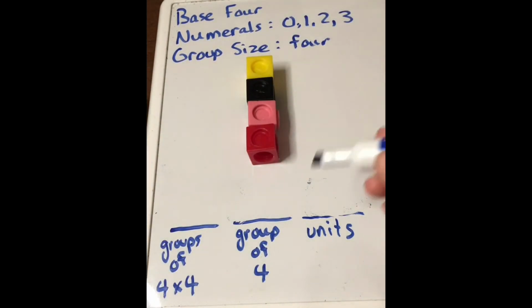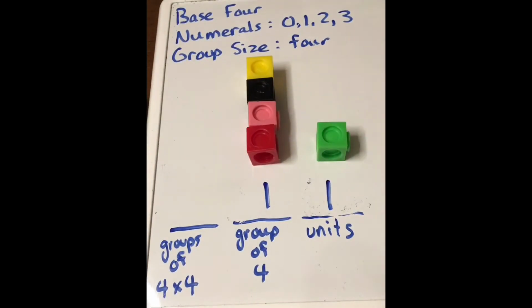The 1 now no longer means one group of 10, it means one group of 4, and we have no units. This was important because in base 4, after the number 3, we don't have a new symbol, so there was nothing else we could have written in the units place except 0, 1, 2, and 3, and so we had to group together as a set of 4.